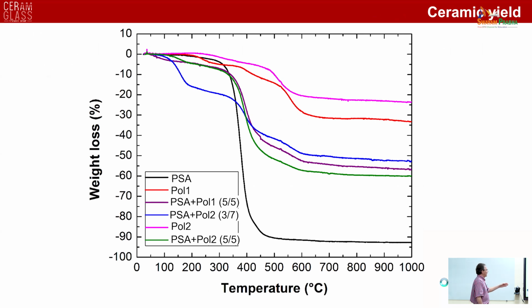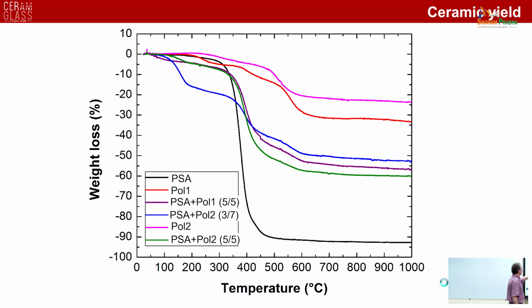Of course, this is the ceramic yield for the polysiloxane acrylate. You can see very, very low. And this is the ceramic yield, the TGA curve, for the siloxane. And if you mix these materials, these are two different siloxanes, in different ways, you can obtain a higher ceramic yield.